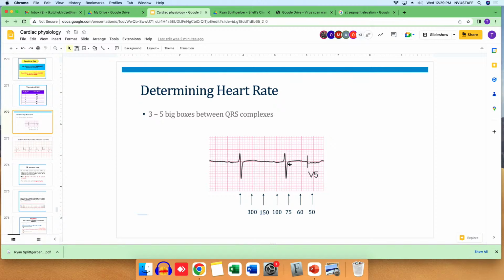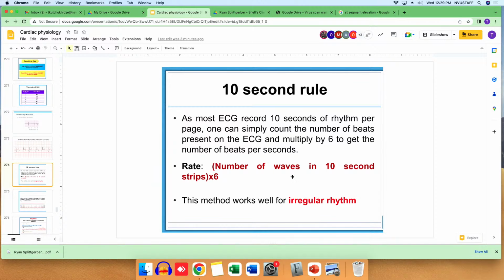One more thing, the idea here is that before counting, you should check multiple RR intervals to see if the quadrant amounts are the same. Because when we're using 300 divided by the quadrant amount, it should all be the same. If it is not the same and we're having some kind of pathology like atrial fibrillation, we are using this rule, okay? 10 seconds, multiplied by 6. Questions?